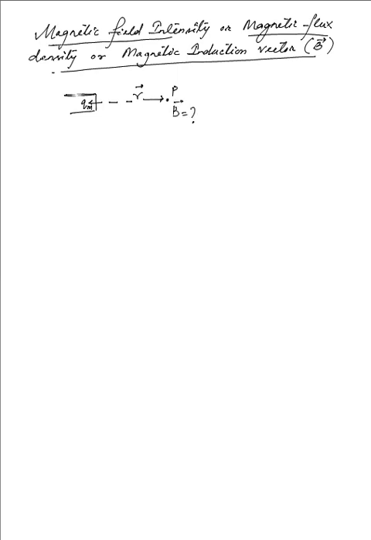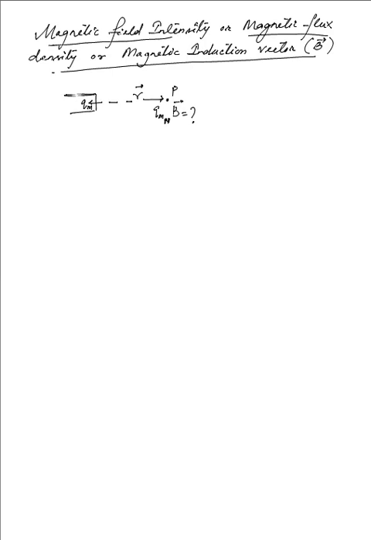So what we do is we just take the same method of determining the magnetic field. We place a test magnetic charge. This is a test magnetic north pole. Remember, the north pole was analogous to the positive charge in case of electrostatics, and the south pole is analogous to the negative charge.